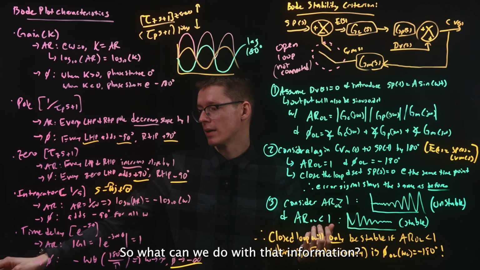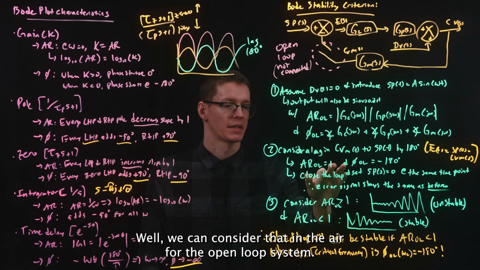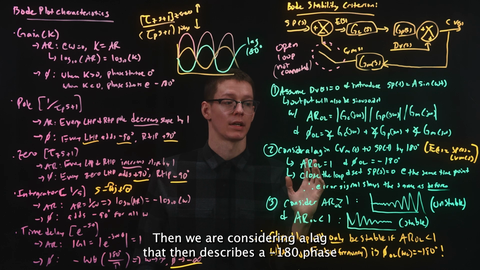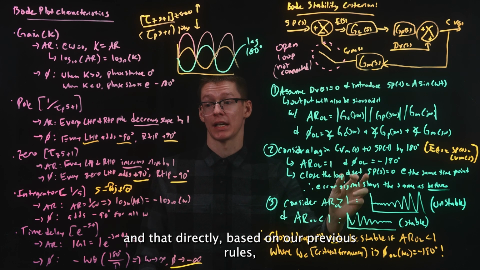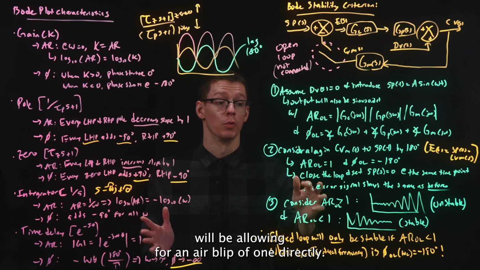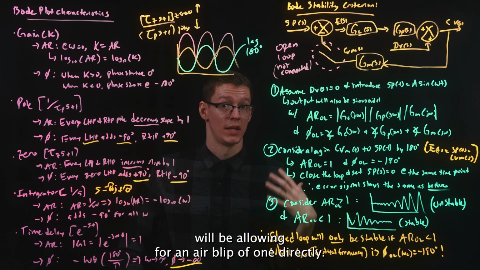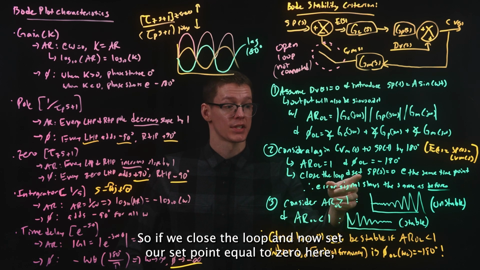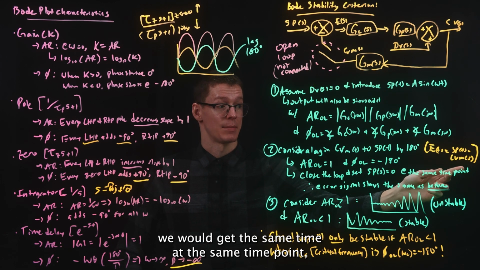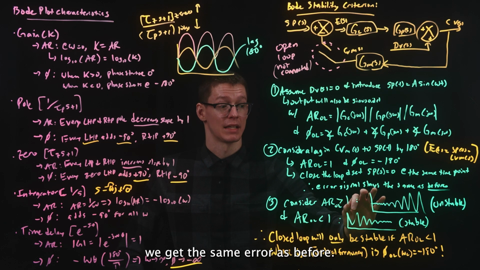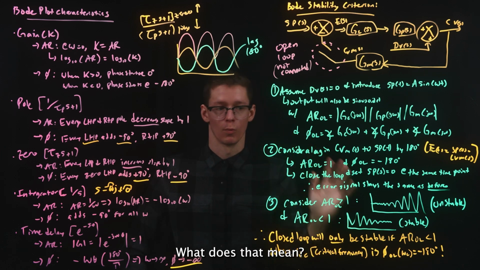So what can we do with that information? Well, we can consider that in the AR for the open loop system. We are considering a lag that describes a minus 180 phase, and that directly, based on our previous rules, will be allowing for an AR open loop of 1. So if we close the loop and now set our set point equal to 0 here, at the same time point, we get the same error as before. What does that mean?